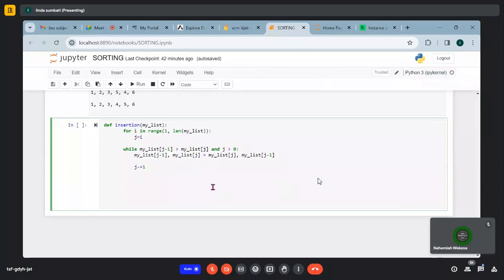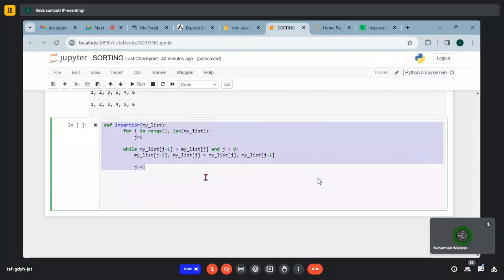So you understand why it's decrementing, the J minus equals 1. It decrements because J moves to the previous position. So I don't know if you people have understood, because that is what we were doing everywhere until we sorted the list. Linda, yes? Could you repeat what you said?